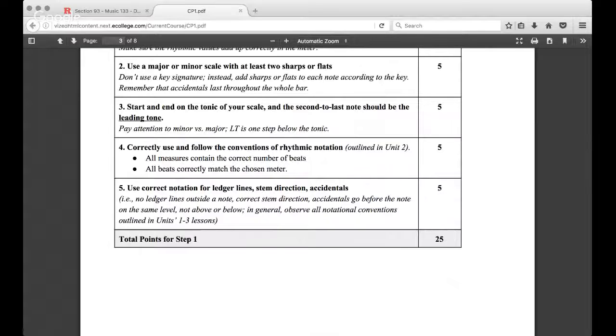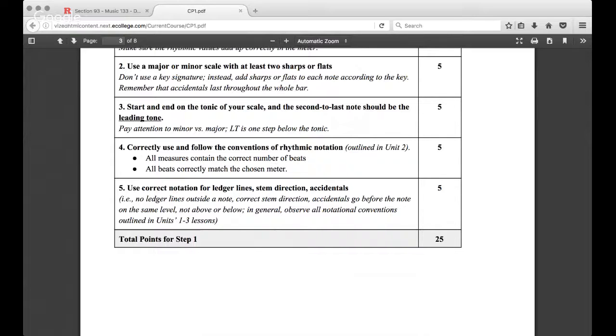Yep. And then another feature of this is just the sheer notational portion of it. There's certain rules and practices that we use in music notation, and learning those is part of this course. So it's important to really remember the stuff in Unit 2 about the measures having the right number of beats. The beats have to match the meter.